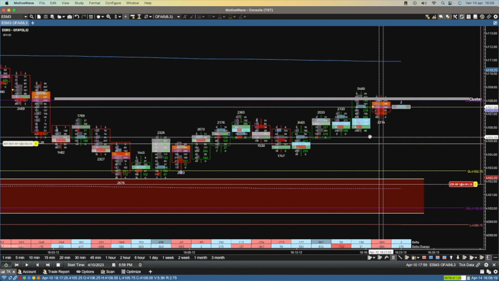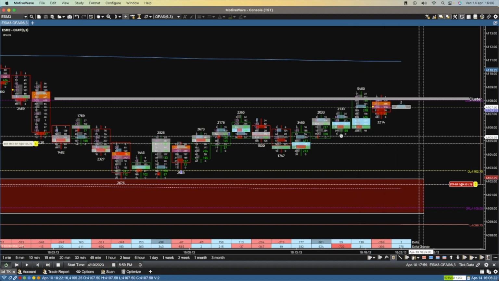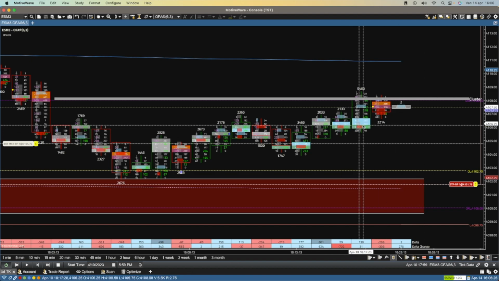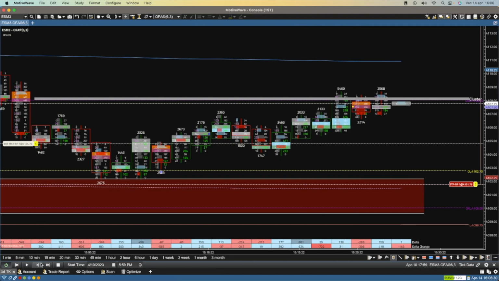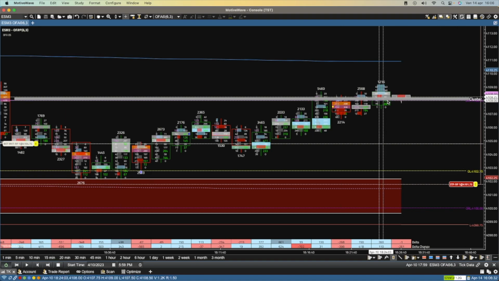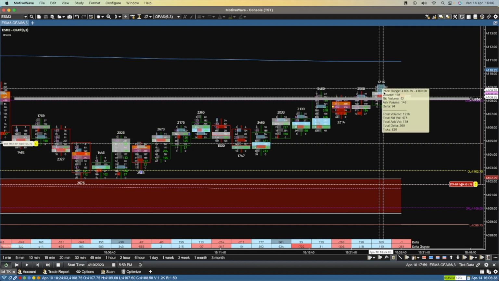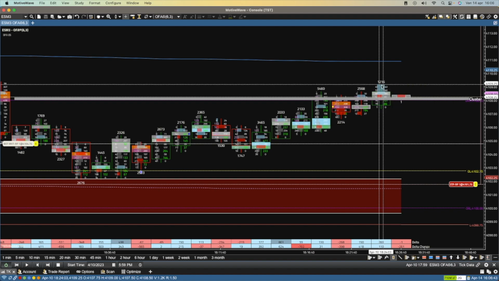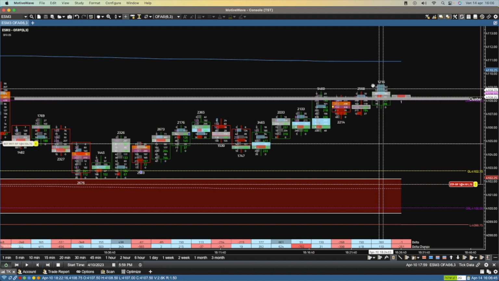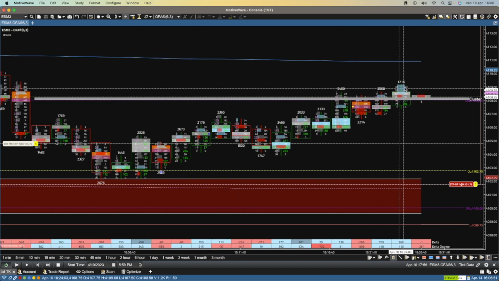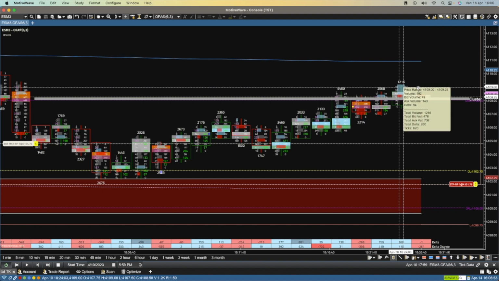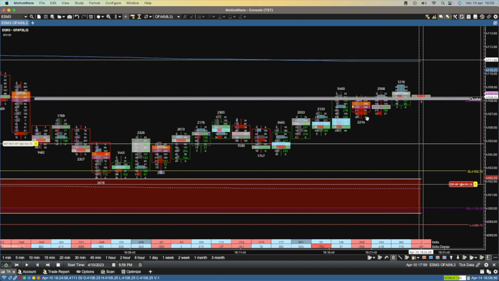I just want to see price breaking this bullish cluster here to change my idea, or this one. But price keeps on going up. Look at these blue or green, I don't know, boxes here that are above the cluster. It means that we have bullish pressure here that wants to break this level and go up.